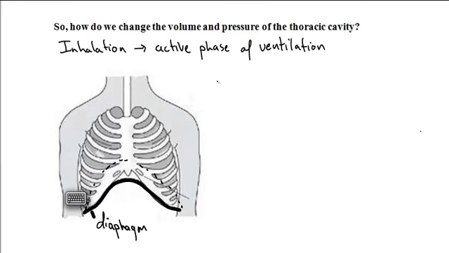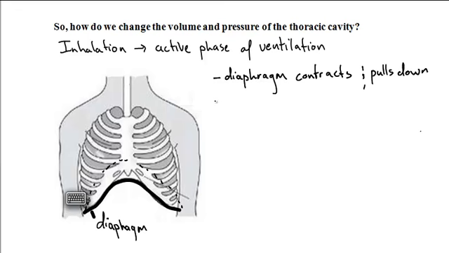So in inhalation, the diaphragm contracts and pulls down. At the same time, in between your ribs, you have muscle called your intercostal muscles.